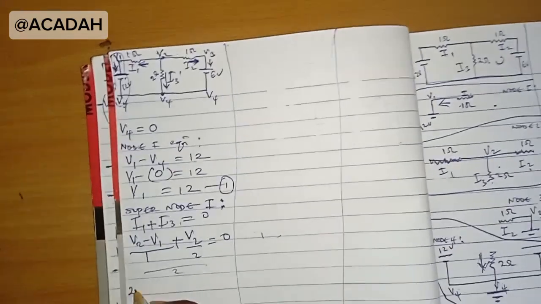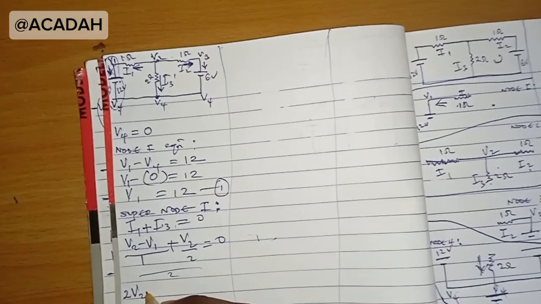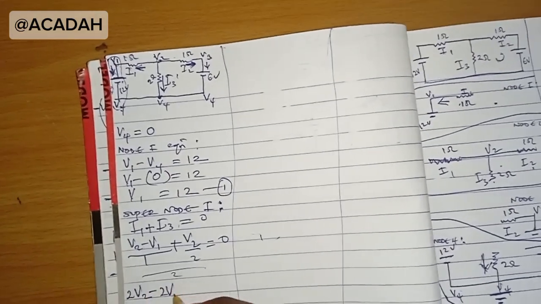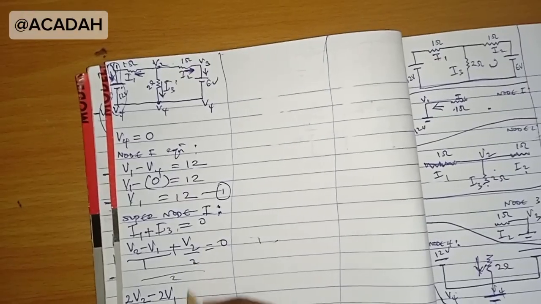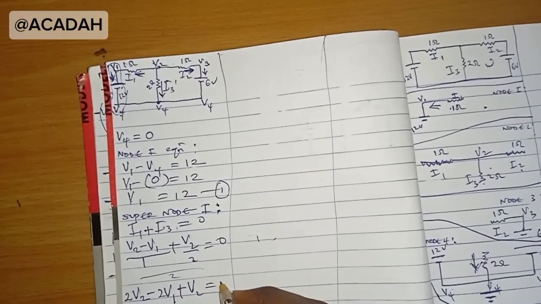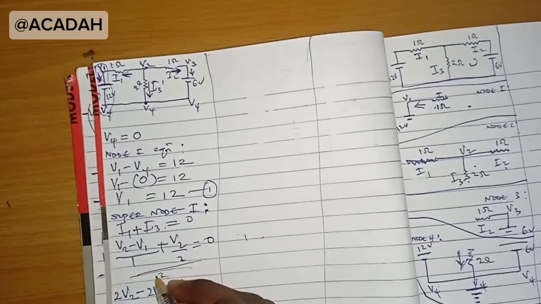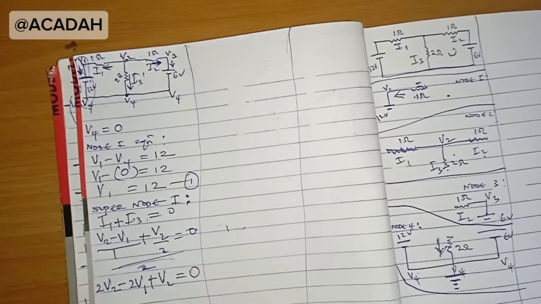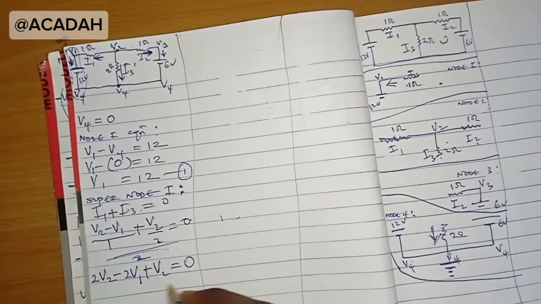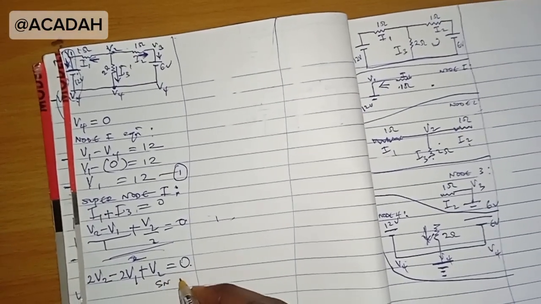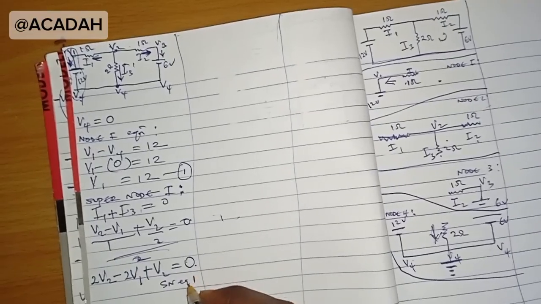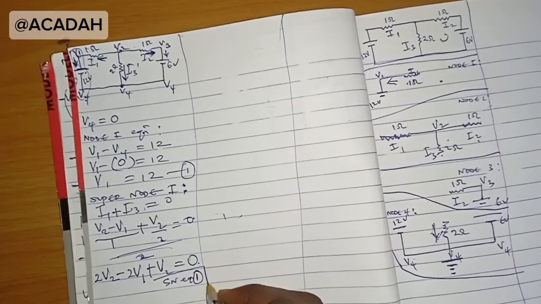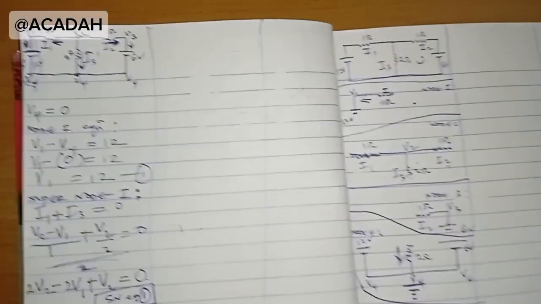So this is going to be 2V2 minus 2V1 plus V2, all equals to 0. This is the super node equation 1. It's not a node equation, it's a super node equation.